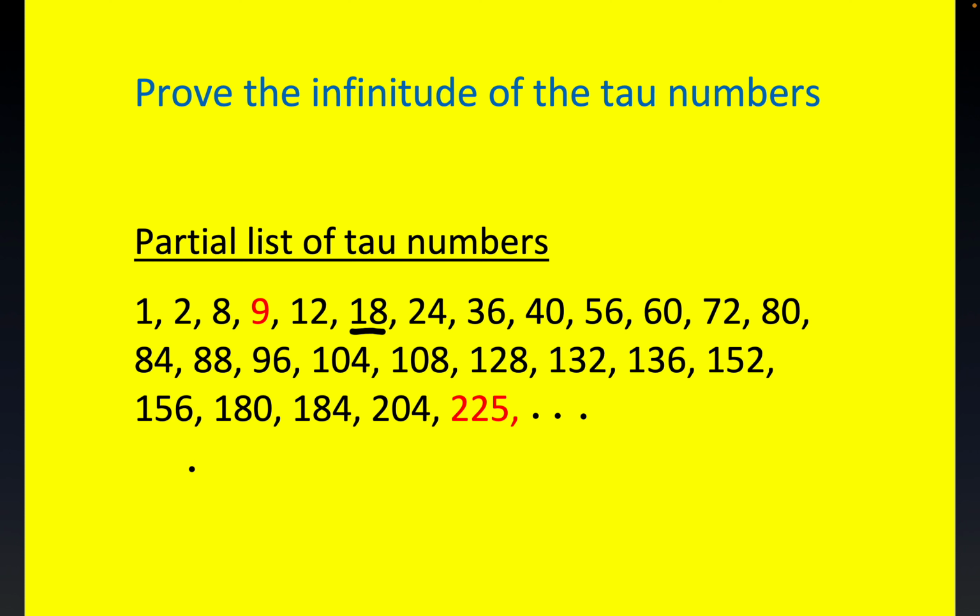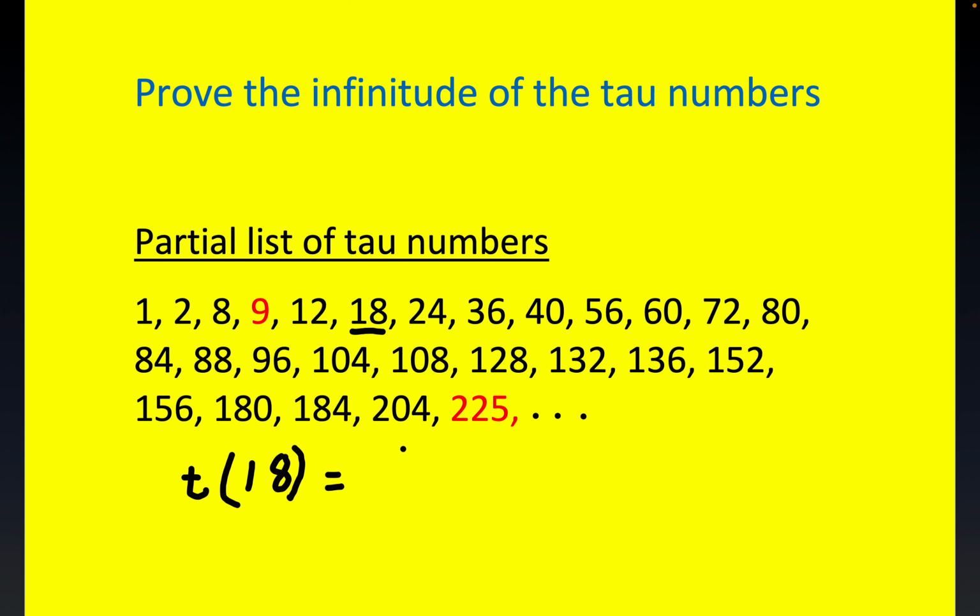Now there's different letters they use, but we'll use tau. This is supposed to be a tau symbol. It just looks like a lowercase t the way I'm doing it. But tau of 18 is equal to 6, and I'm going to tell you why.